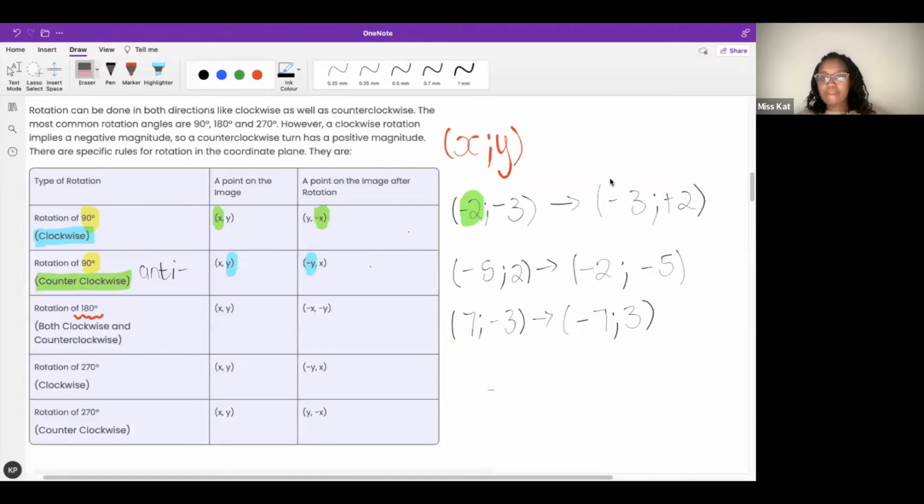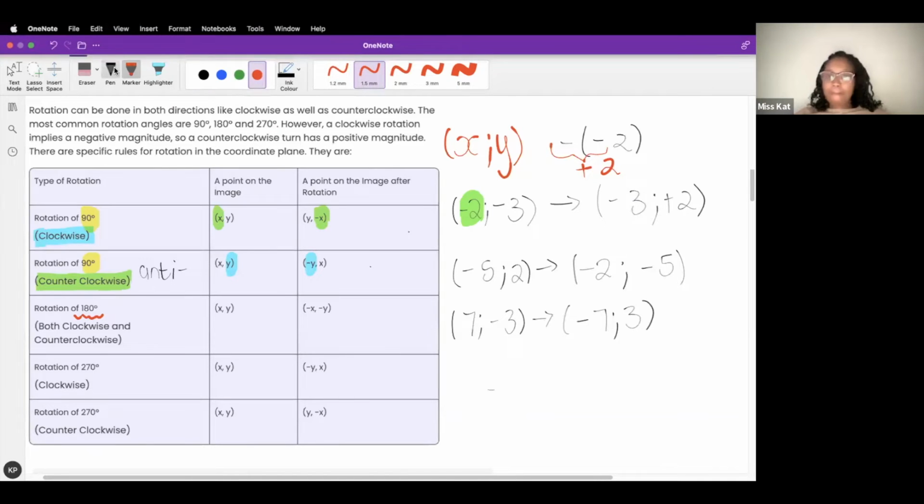So the 2 was our original X. If you put a negative in front of a negative 2, these two negatives become a positive 2. That's where that positive 2 comes from. I hope I've explained that to your satisfaction and you understand.